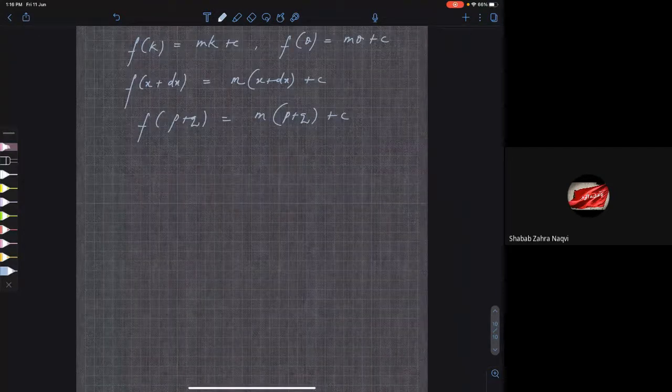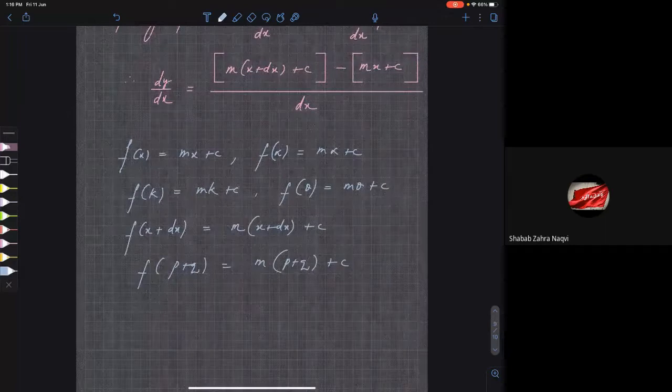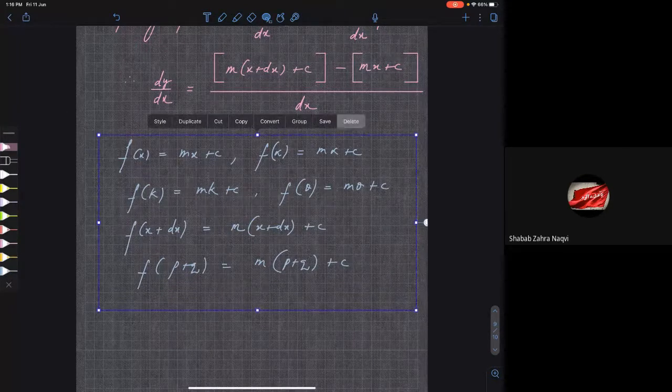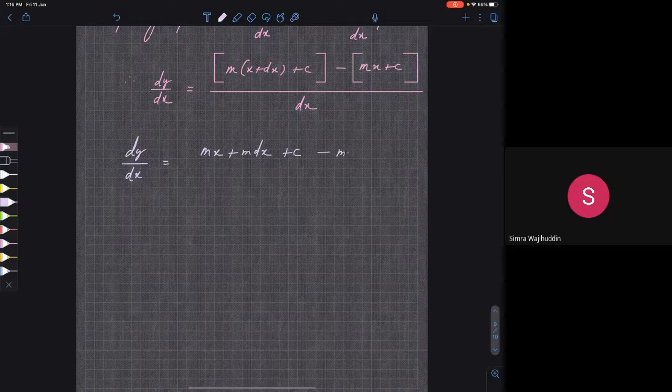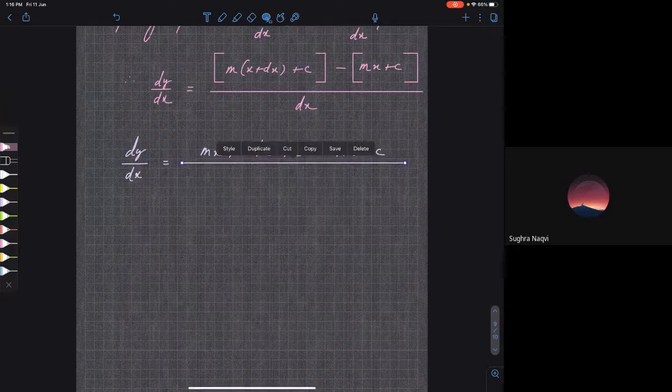So what is dy by dx? Shall I erase this? Okay. So tell me what is dy by dx. It is mx plus m dx plus c, minus mx minus c, by dx. Any problem?